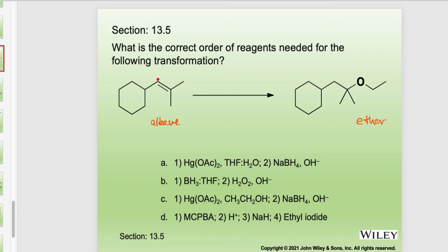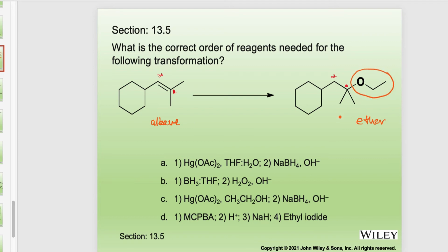This carbon here is actually this carbon here. This carbon over here with 2 methyl groups is actually this carbon here. Which means the double bond has disappeared and this ethoxy group was introduced into the structure.